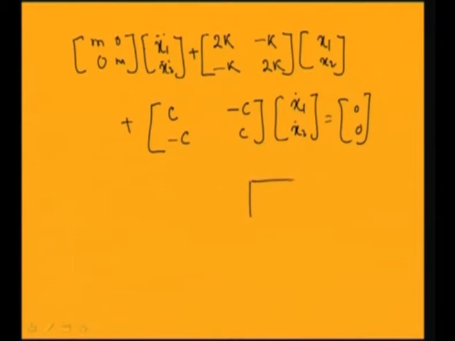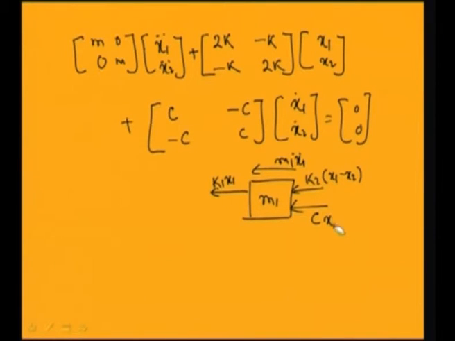If you draw the free body diagram for mass m1, the inertia force is m1 x1 double dot, the spring force is k1 x1, there is no damping force on this side, and on this side you have the spring force k2 into x1 minus x2, and the damping force equal to c times the velocity difference, x1 dot minus x2 dot.